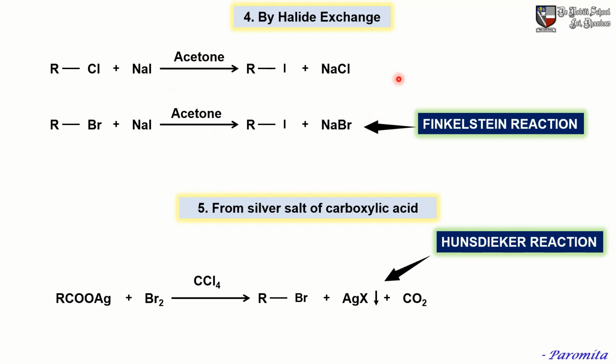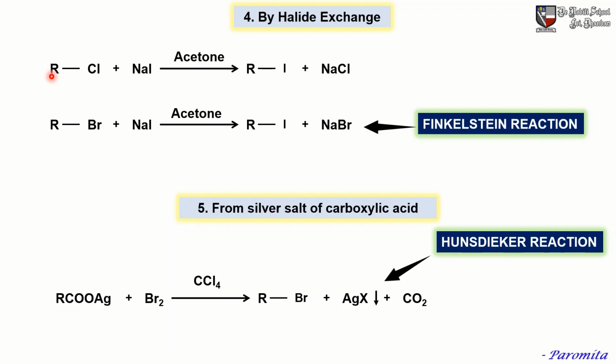Feasibility of this reaction is due to the solubility of sodium iodide in acetone and the more nucleophilic character of the I- ion. The reaction proceeds by SN2 mechanism and is possible because NaCl and NaBr formed in the reaction are precipitated as they are not soluble in a weakly aprotic solvent like acetone.